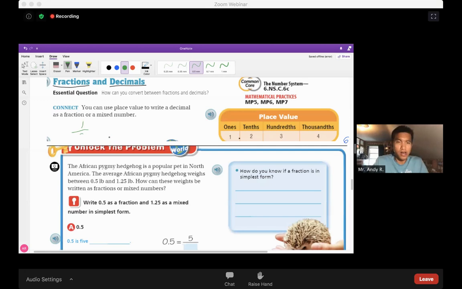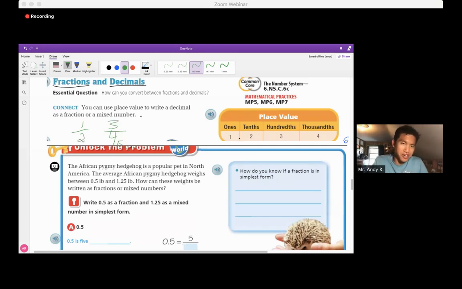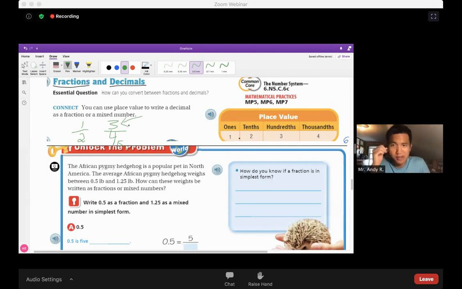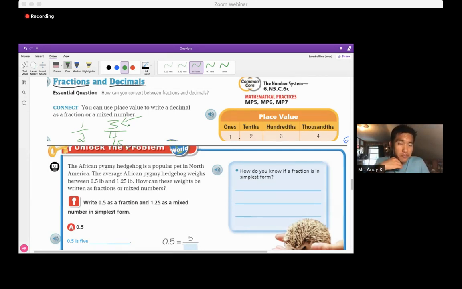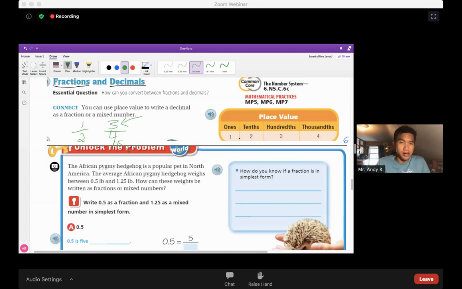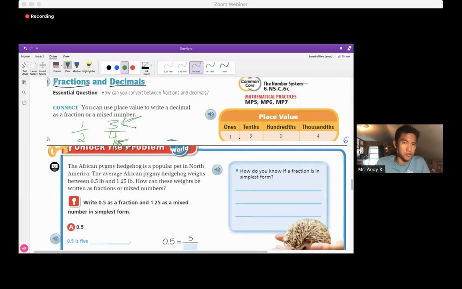Whole. So the denominator represents the total number of pieces in that whole, and the numerator is how many pieces there are of that whole. So if I ate 3/4 of a pizza, that means the pizza was cut in 4 slices, and I only ate 3 of those slices.